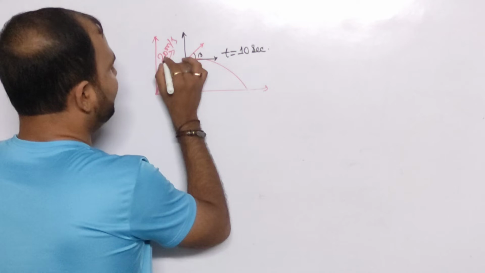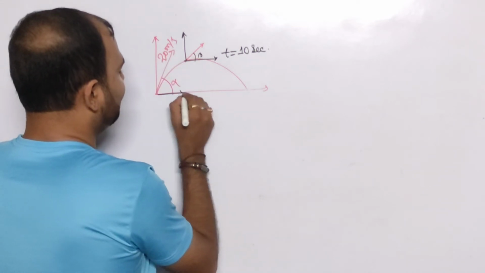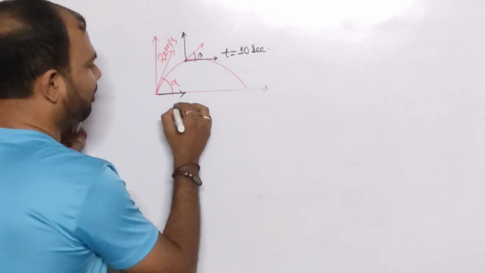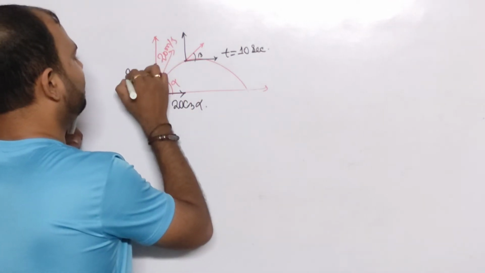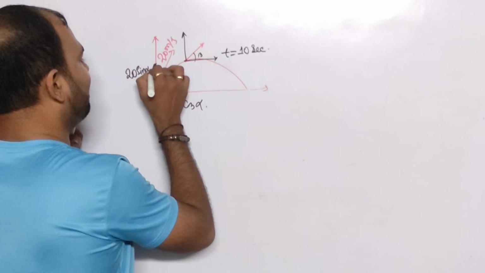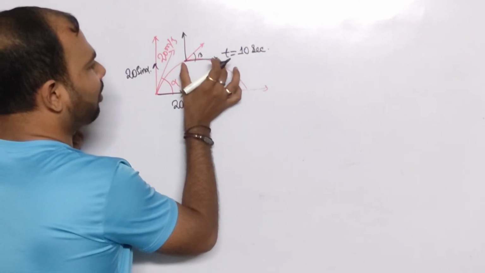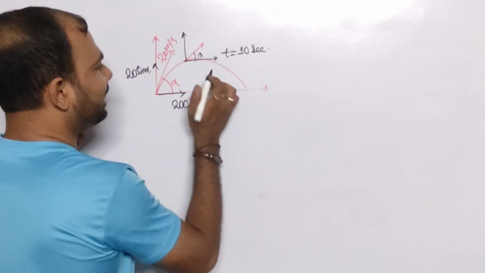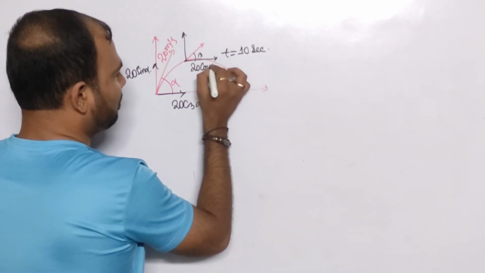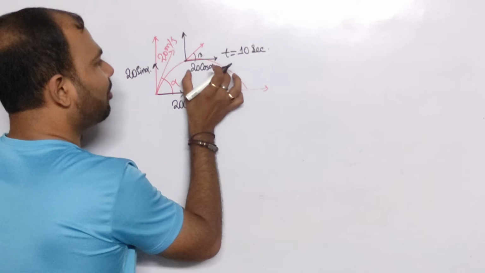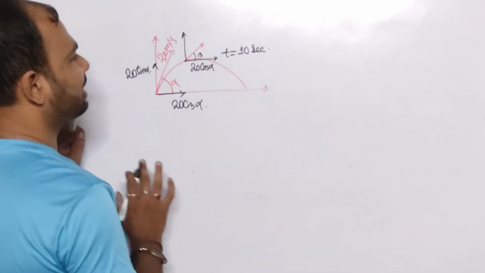Acha, if the initial velocity is this, what will be the velocity components? 20 cos alpha and 20 sin alpha. The horizontal component will be fixed because there is no acceleration. So 20 cos alpha is the horizontal component after t equal to 10 seconds.